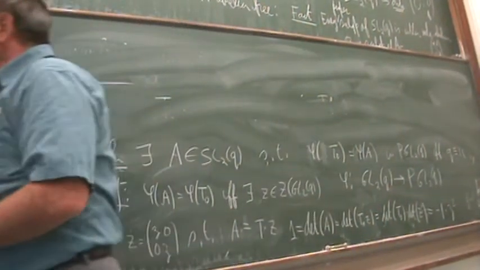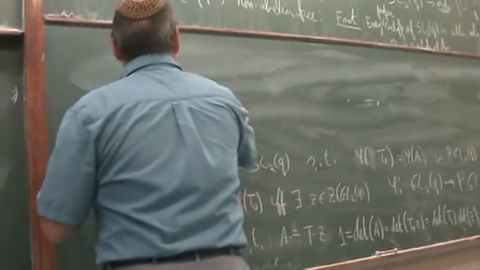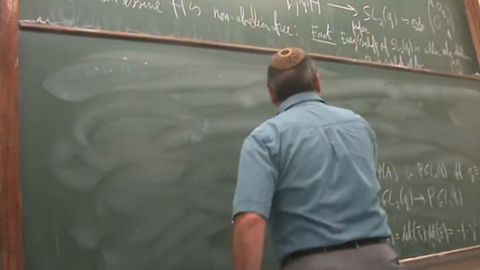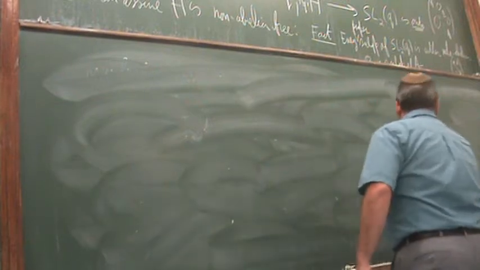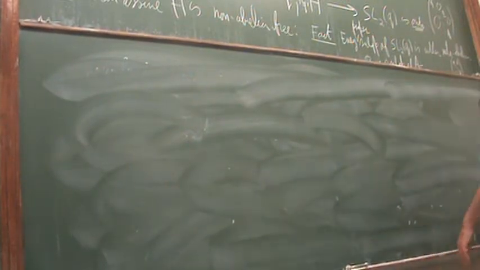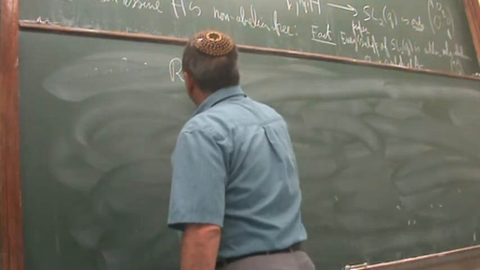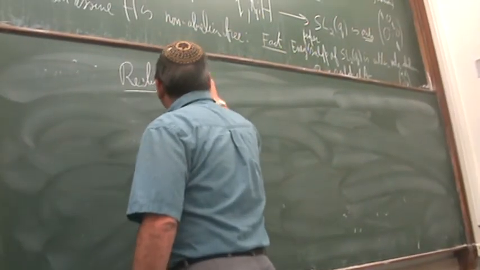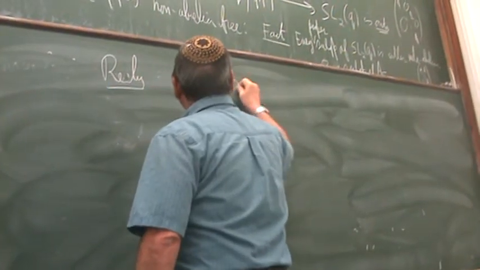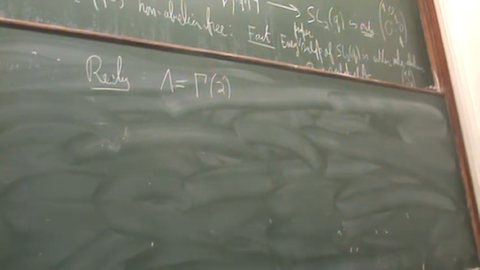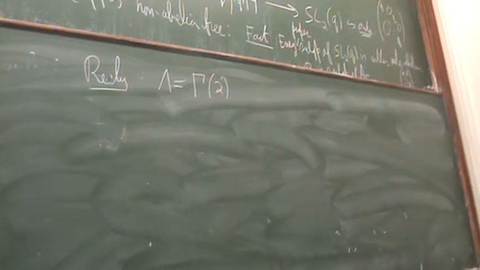So this lambda, we did not quite prove all the details, and I think I'll skip it, because anyway, you can, if you want, take q large enough. So really, the story is that lambda is exactly gamma 2, the congruence subgroup mod 2, in the notation that I talked about today, gamma of the ideal 2.